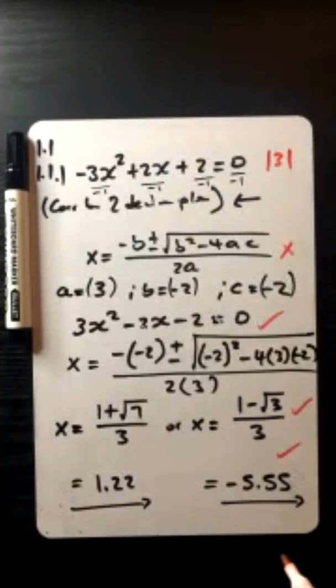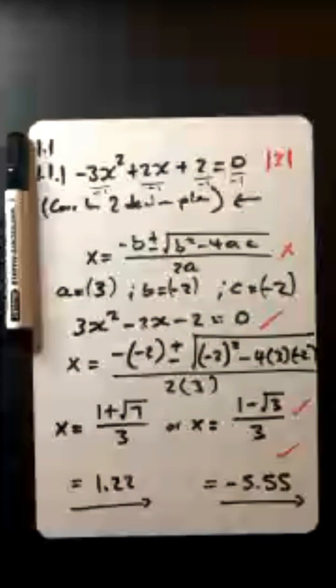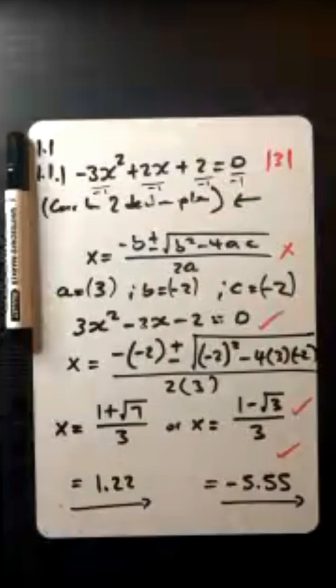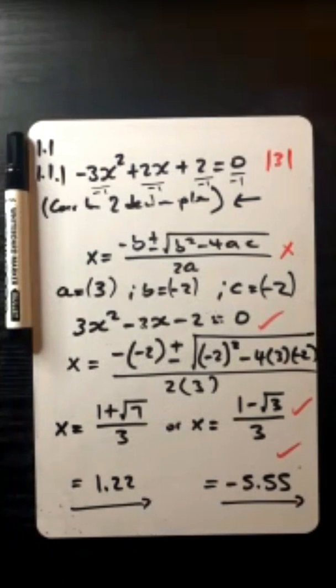And again, for that simplification they might give you a mark, and again for your final answers. So I suspect this is how you might score your full 3 marks. So guys, I think this question was straightforward.